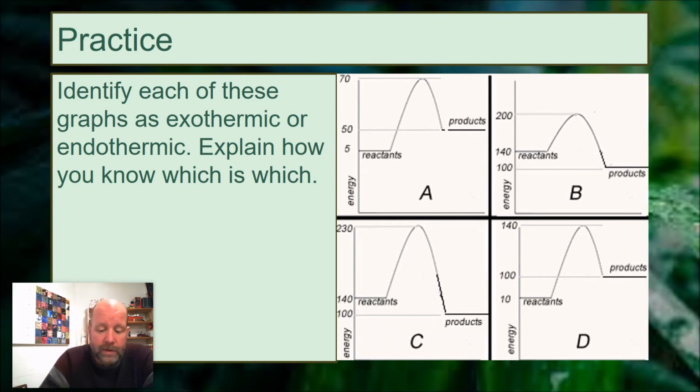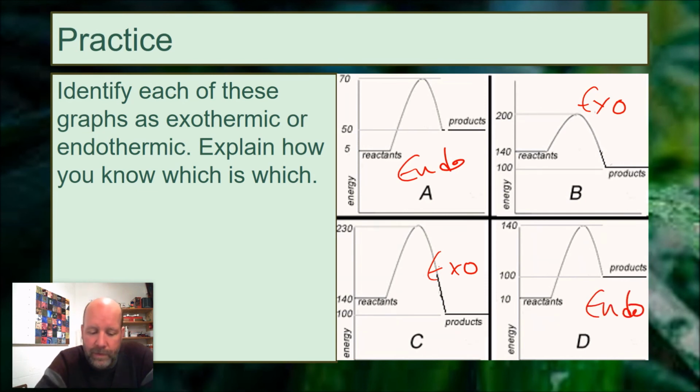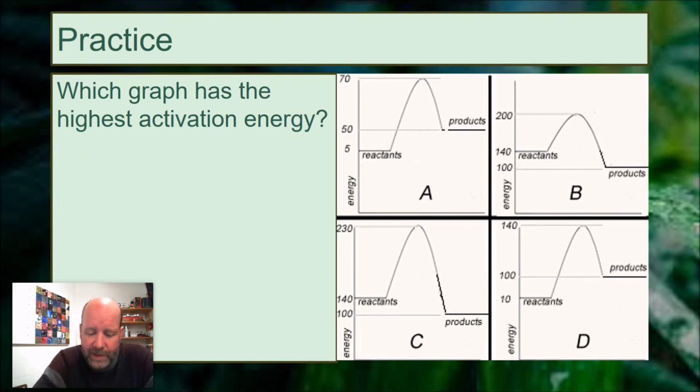Okay, so looking at these graphs real quickly, it looks like this is endo. I'm going to go exo, exo again, and endo again. So that's which is which. Now, which one has the highest activation energy? All that matters is how high this peak is based on where the reactants are. So if we look at this one, the reactants look like they're at about 5, and the peak is at about 70, so this is like a 65 activation energy.